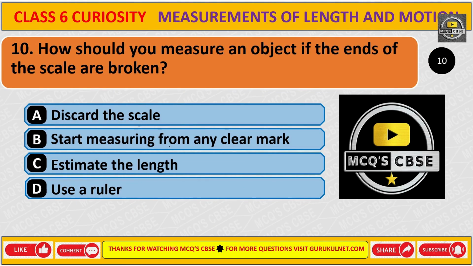How should you measure an object if the ends of the scale are broken? And the correct answer is B, start measuring from any clear mark.